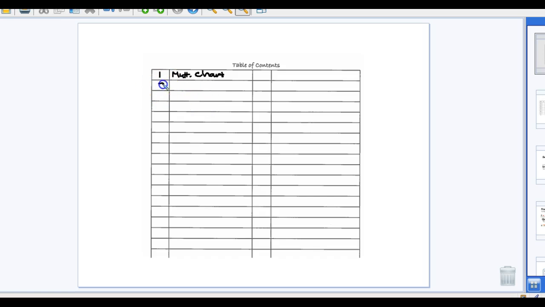Page 2 is going to consist of the notes that you're going to take from this video, which is the vocab notes, and everybody should have done that today in class already. And then page 3 is going to consist of word problem words that are going to be useful when we tackle word problems.